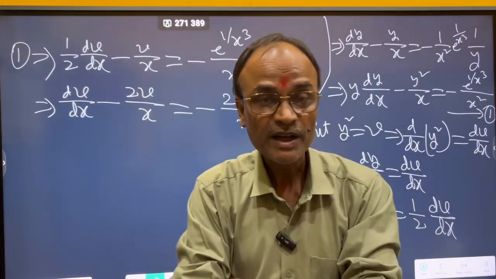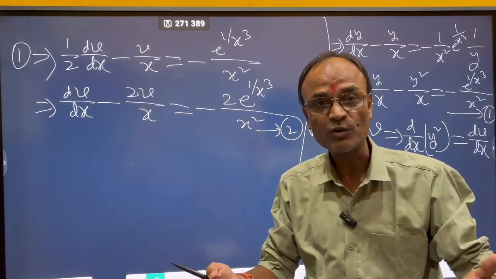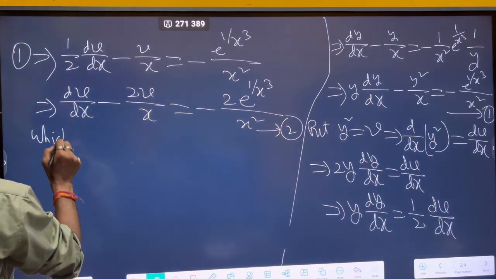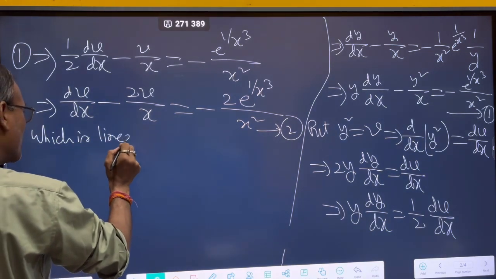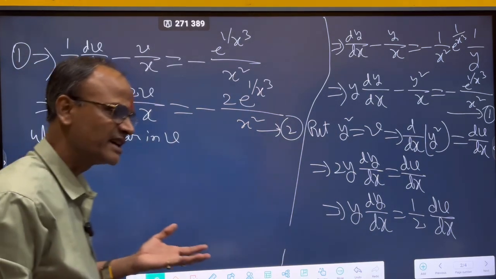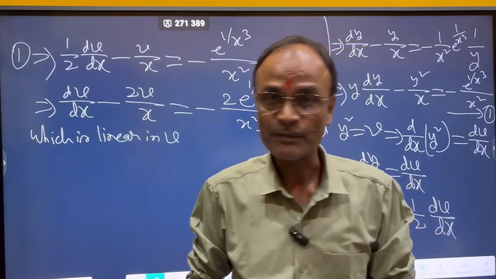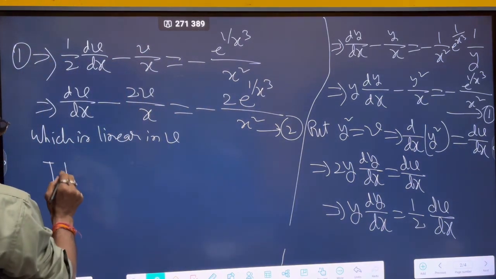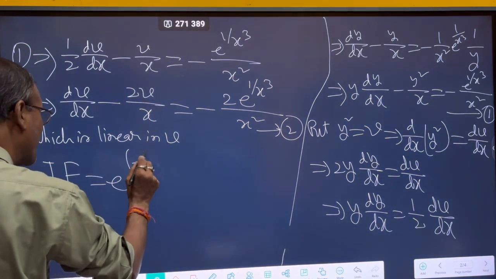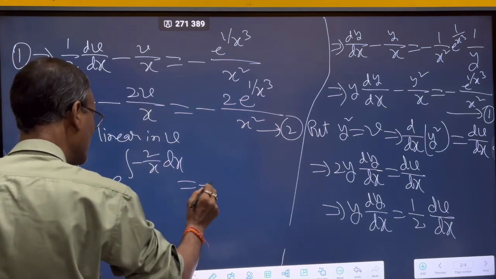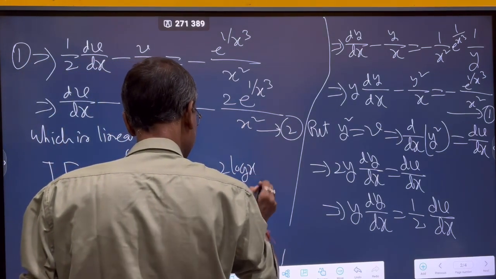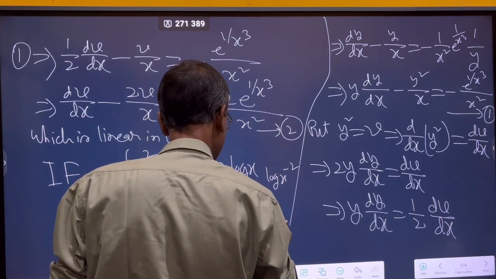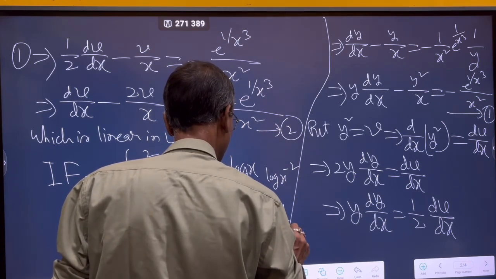This is linear in v, a linear differential equation with v as the dependent variable and x as the independent variable. Integrating factor equals e to the power integral of minus 2 by x dx, equal to e to the power minus 2 log x, equal to e to the power log x to the power minus 2, which is x to the power minus 2, equal to 1 by x square.